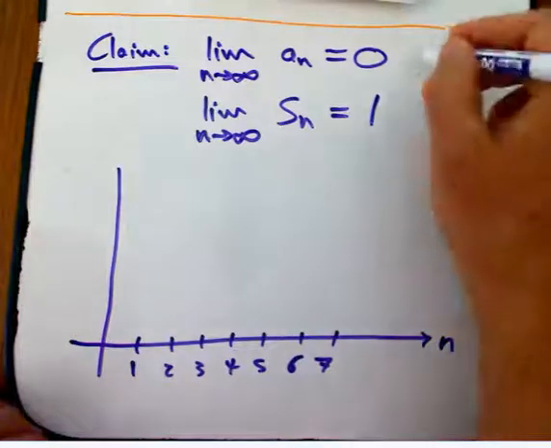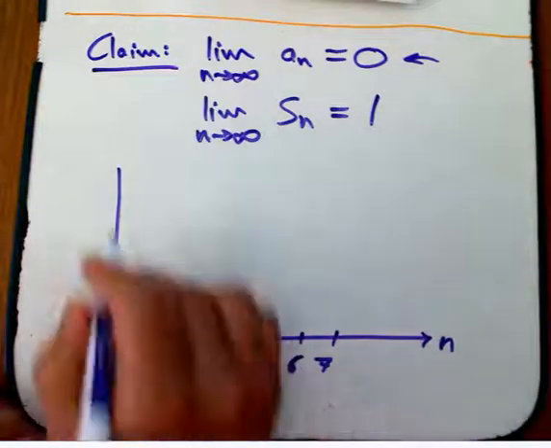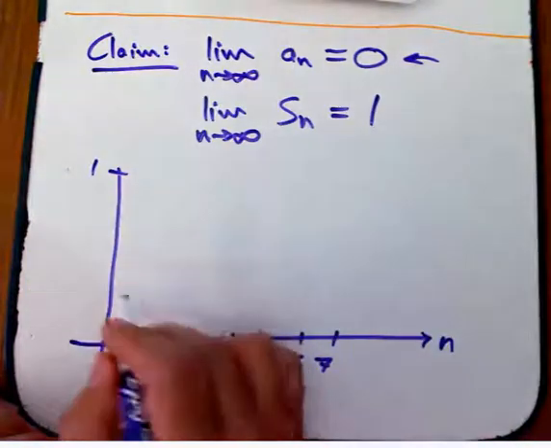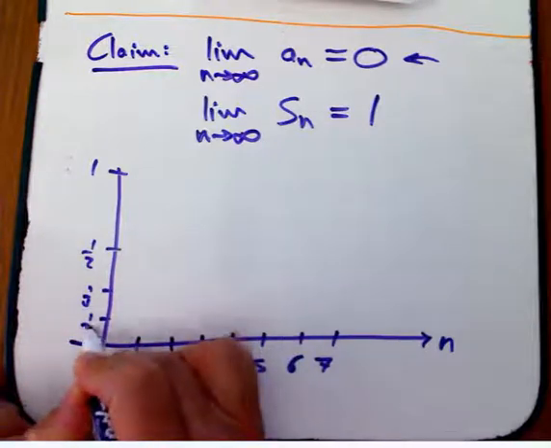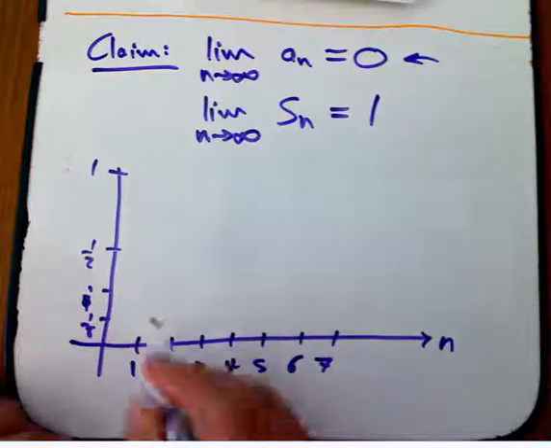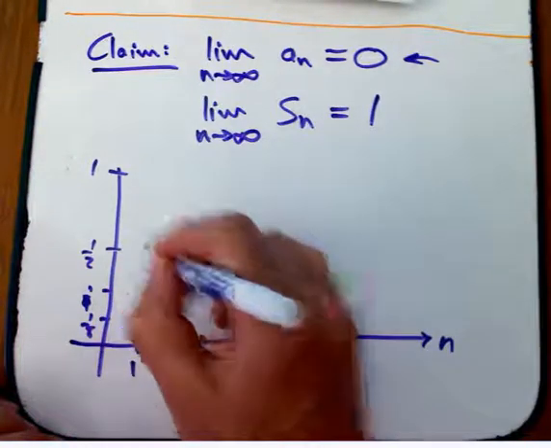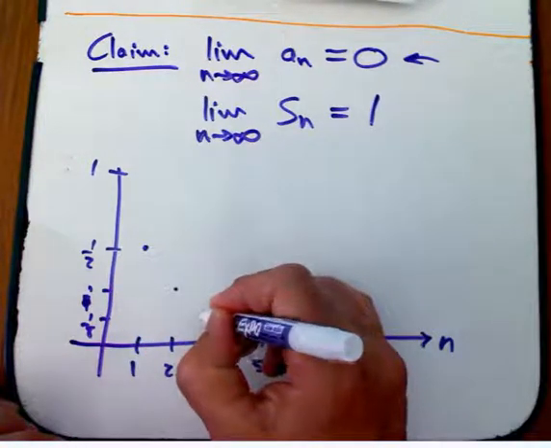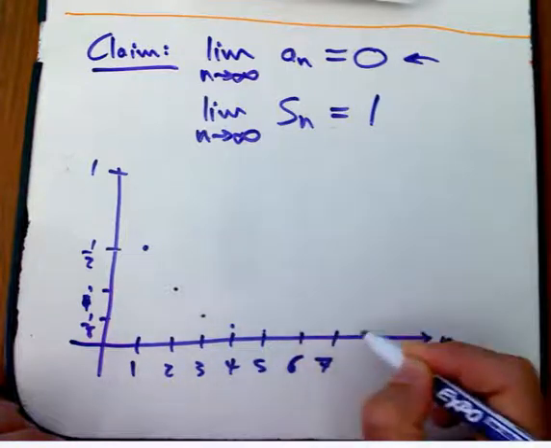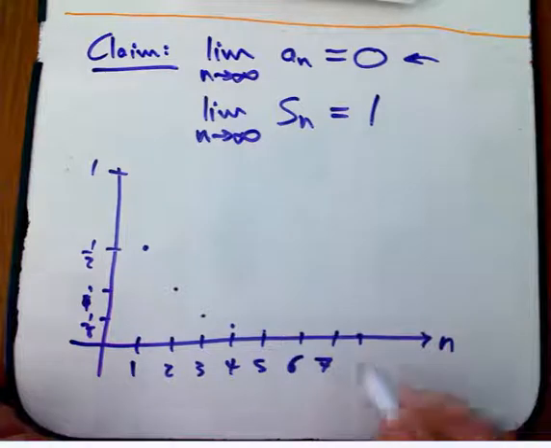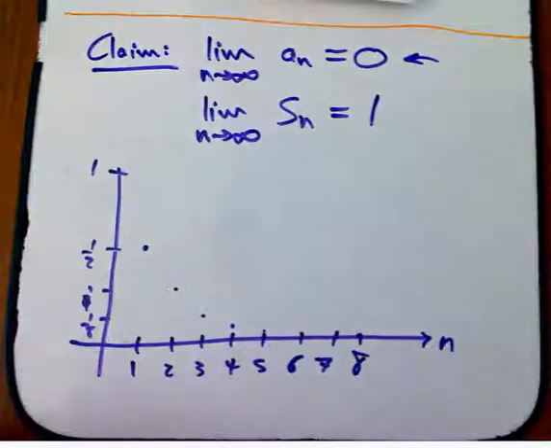Let's put this one up pretty high. Here's a half, here's a quarter, here's an eighth. And we had these dots going down, down, down, to where you almost can't see the difference. Well, you really can't see the difference by the time you get to 7 or 8 or whatever.